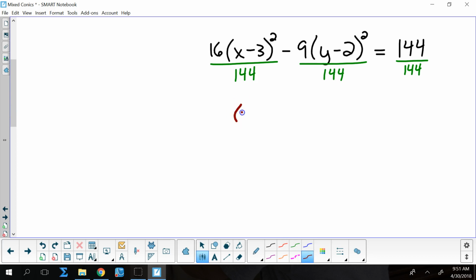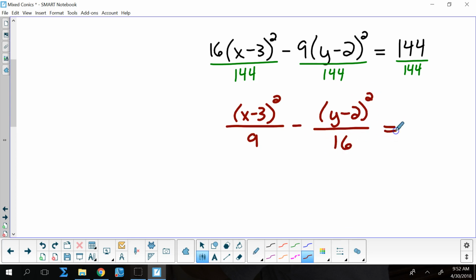So that gives me the quantity x minus 3 squared divided by 9, minus quantity y minus 2 squared divided by 16, equals 1. Now it's in standard form.